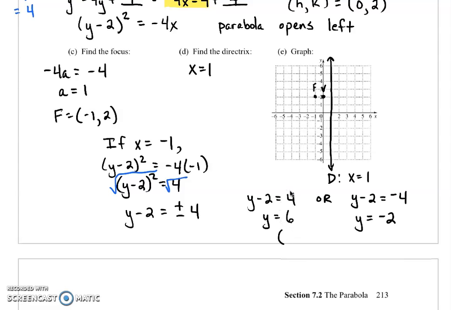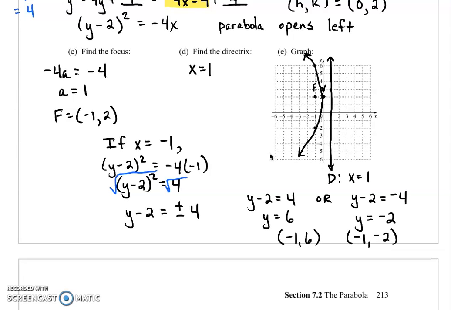We have negative 1, 4, and we have negative 1, 0. So if we plot those, we can graph our parabola, which is a pretty flat looking parabola, but that's how it goes.